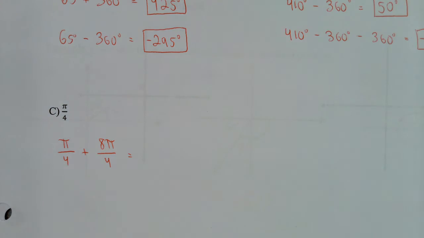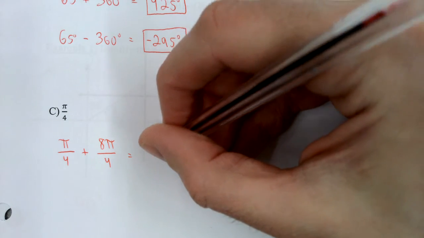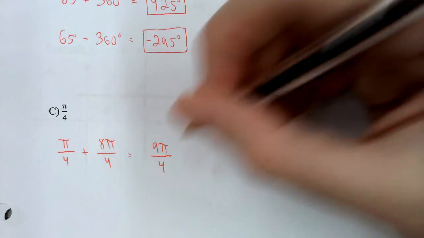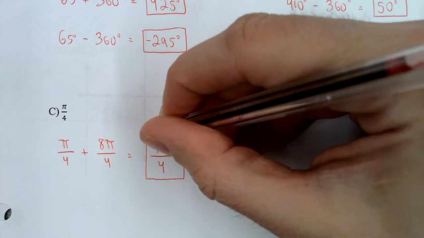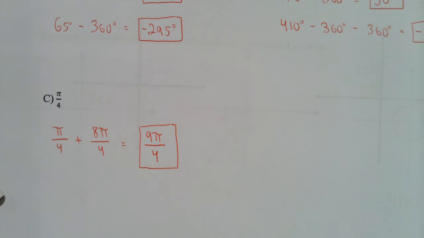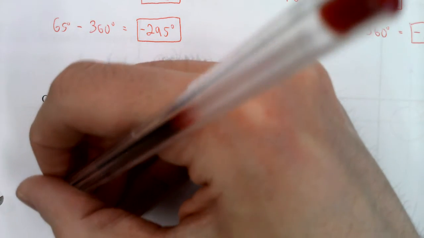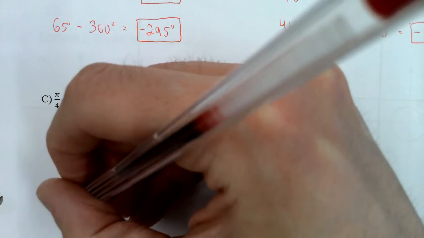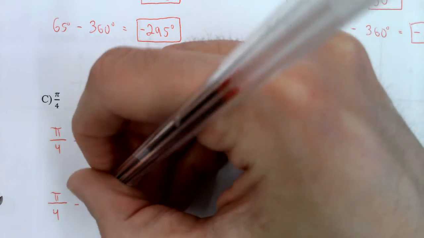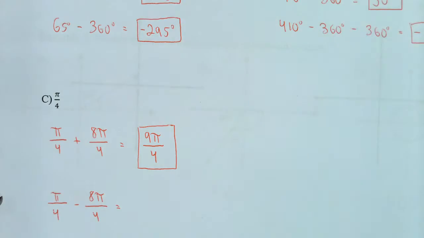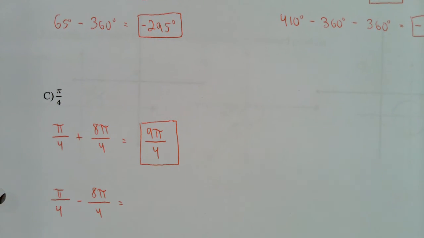So that'll give me 9 pi over 4 radians. And I'm also going to subtract 2 pi, but instead of writing 2 pi, I'm going to do minus 8 pi over 4. That'll be negative 7 pi over 4 radians.